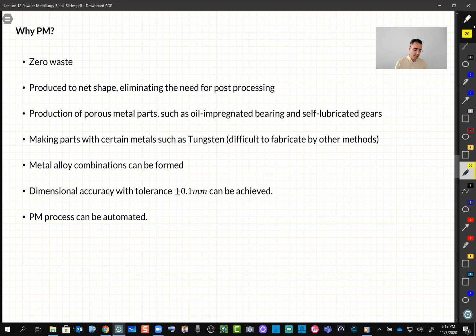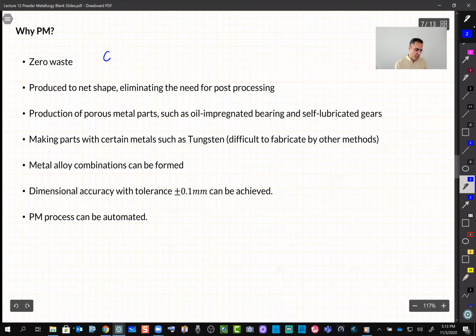First of all, it's zero waste. You can think of making, let's say, a gear by CNC. You need to machine it, right? You need to remove a lot of material out of it, and then you realize you're going to waste a lot of material.